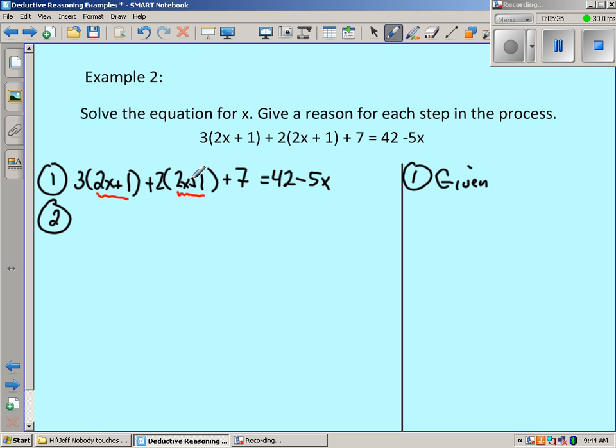I have 3 2x plus 1s plus 2 2x plus 1s. So that means I have a total of 5 of them. And the rest of my problem will remain the same. And so my step 2 was combining like terms again.